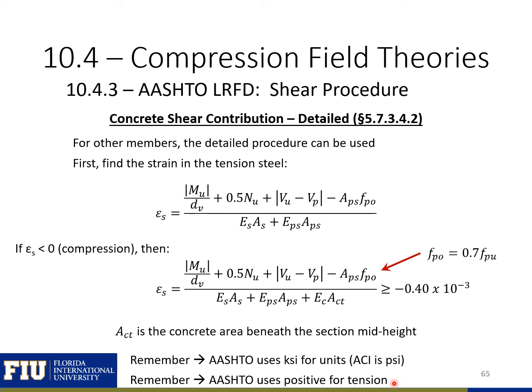AASHTO uses positive for tension. So if our epsilon s is positive, then we know our section's in tension. If we have a negative strain here, then our concrete is also going to contribute to the stiffness. So we'll have an Ec times Act that's going to contribute to the stiffness of our section here, and we'll change the strain in our steel.